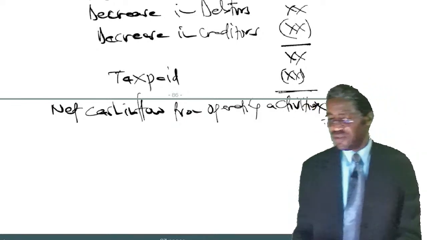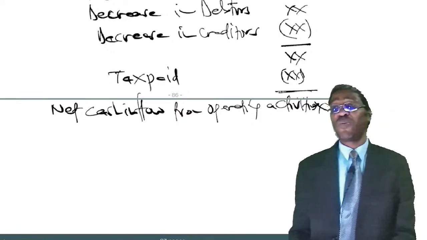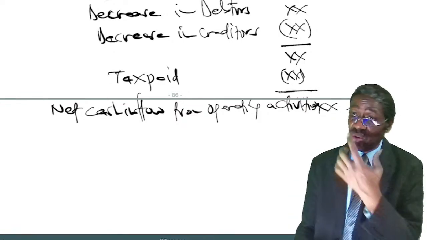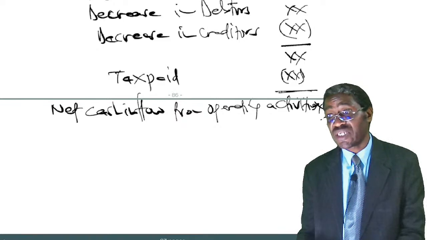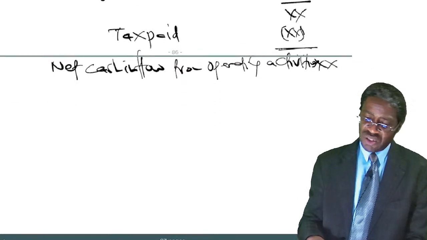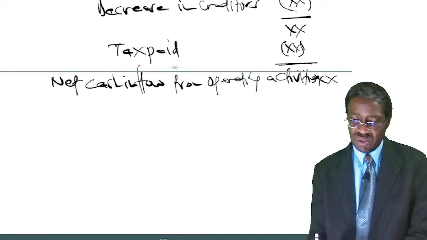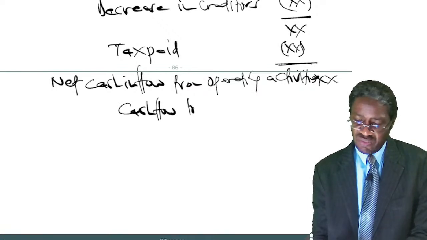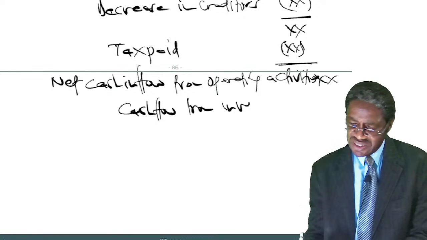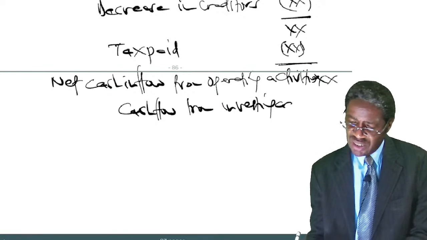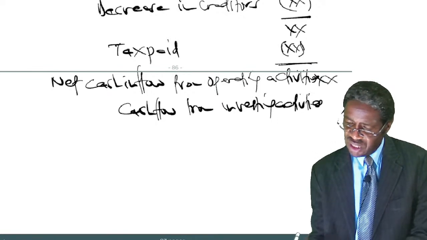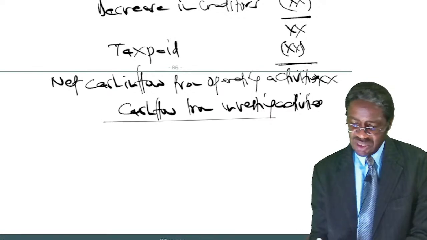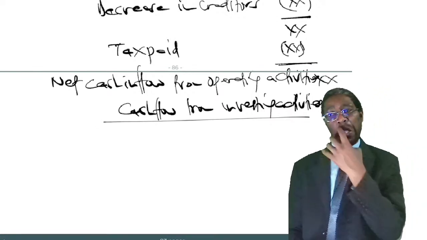Good. After you are through with the operating, we have just concluded, go to the second category, and that is cash flows from investing activities. Cash flows from investing activities.